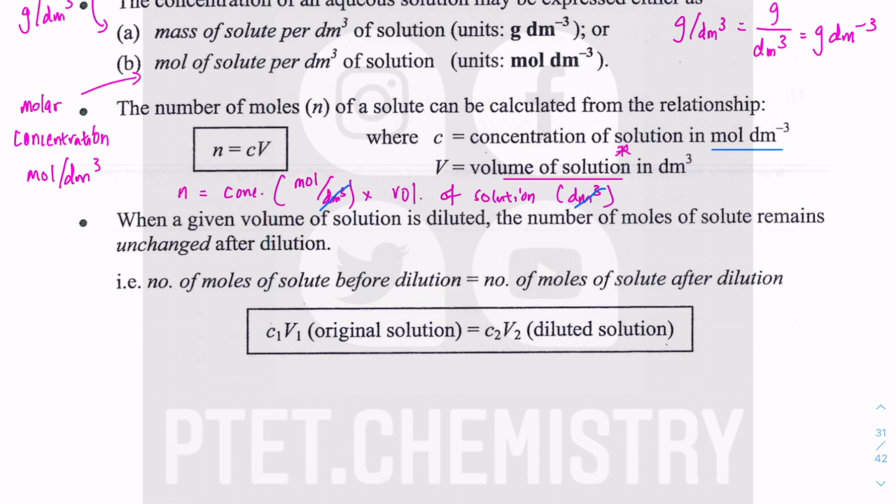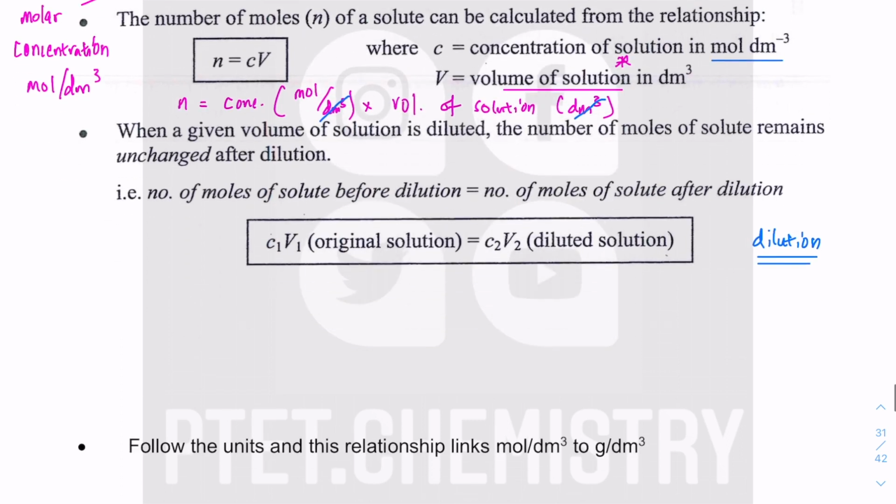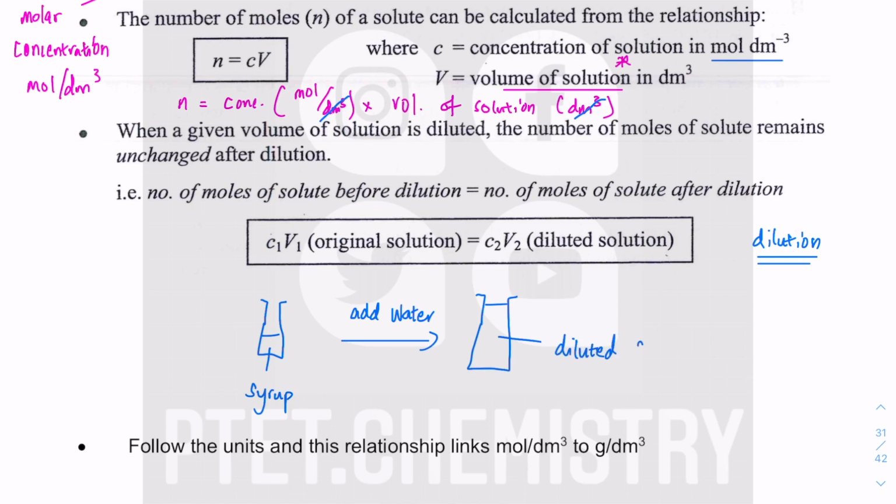The next idea is called dilution. When you have a concentrated solution, let's say you have Ribena, not too sure if everyone has had Ribena before. If you have a syrup, then what you do is you just add water, you add H2O, and you are going to end up with a diluted syrup, which is less sweet.